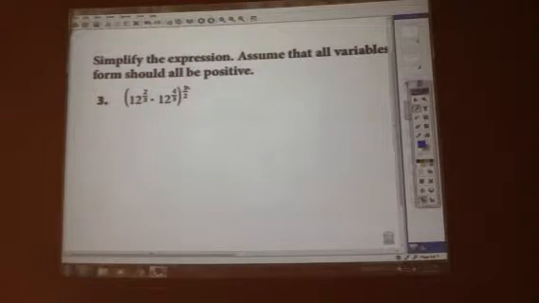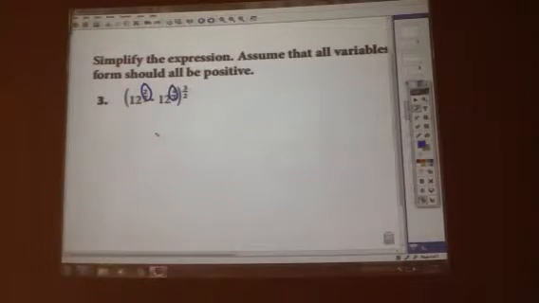So I can do this several ways. You're always told to do parentheses first. So let's do what's inside the parentheses first. This is multiplication. So what do we do with these two exponents right here on multiplication? Add them.